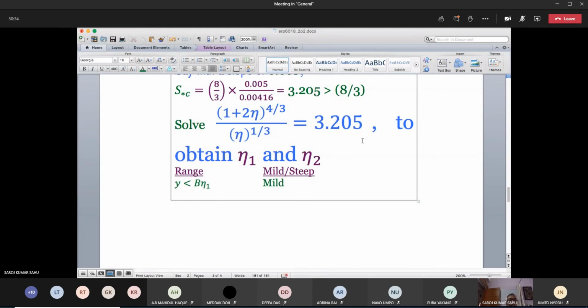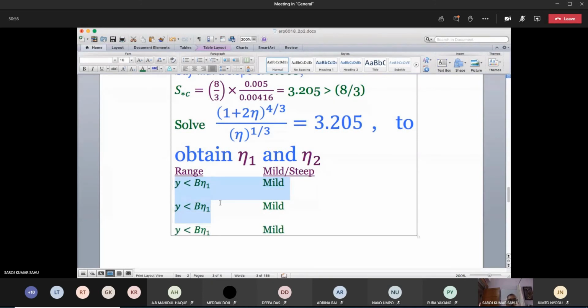Okay, and then the next range is between beta 1 and beta 2.